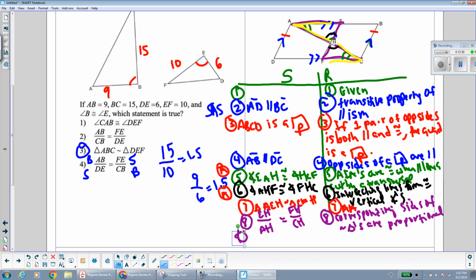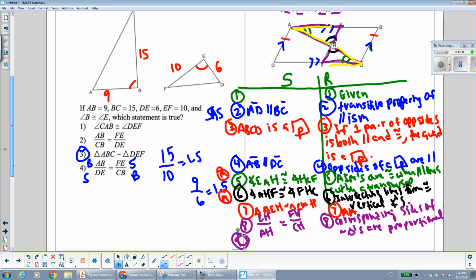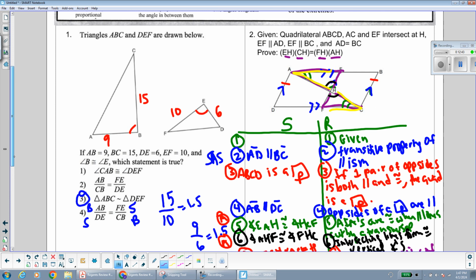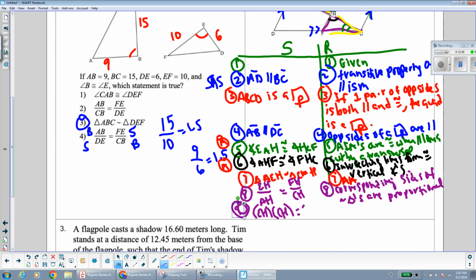From here, I'm all ready to prove my step number 9. I'm all ready to prove my product. So that was EH times CH and FH times AH.